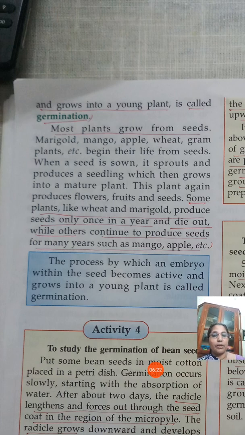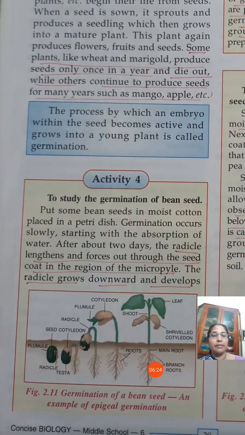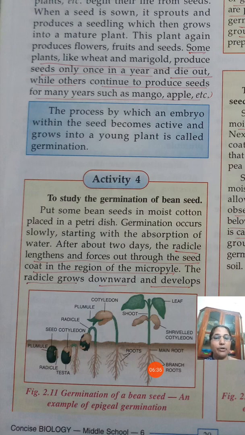Then, certain experiments and things you have to notice. Here the germination of the pea seed is given as an example of epigeal germination. You might have observed in your surroundings that in some seeds the cotyledons are pushed outward and come out.